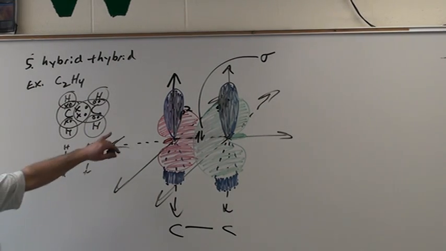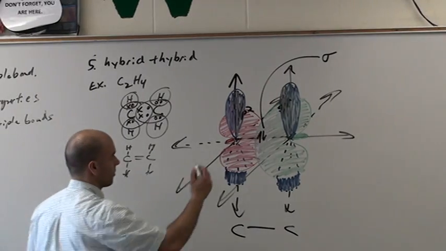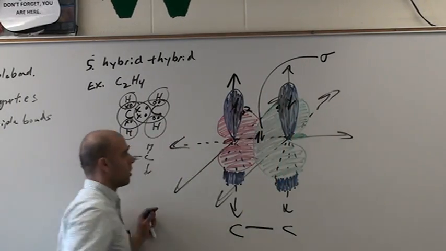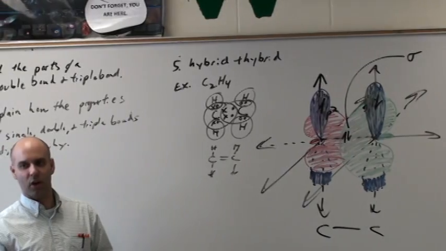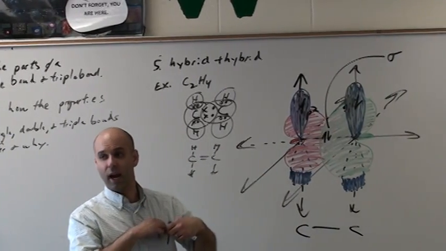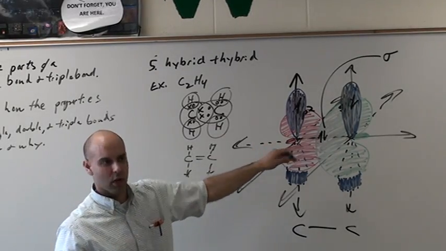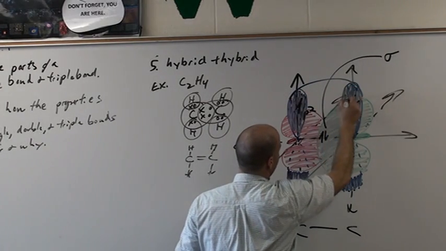Now, these p orbitals each have 1 electron in it. You noticed it, didn't you, Luke? You know what they're gonna do, don't you? They each have an electron in it. They say, hey, let's share. And so the p orbitals are going to share their electrons, and the p orbitals are going to overlap.